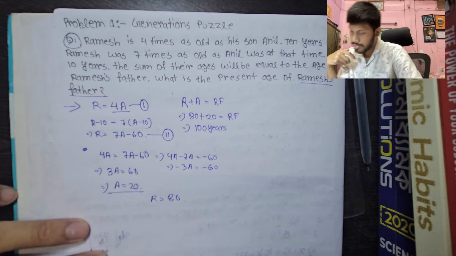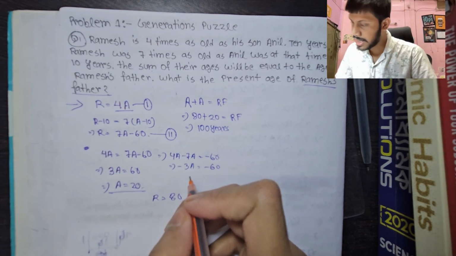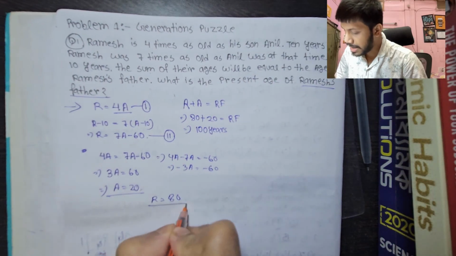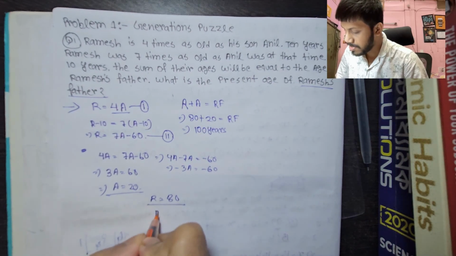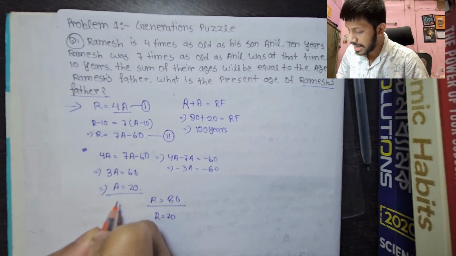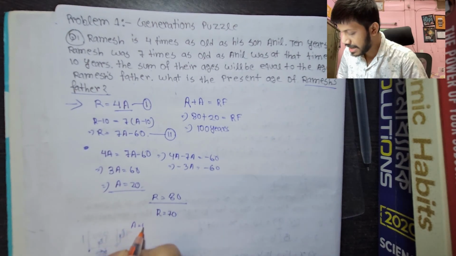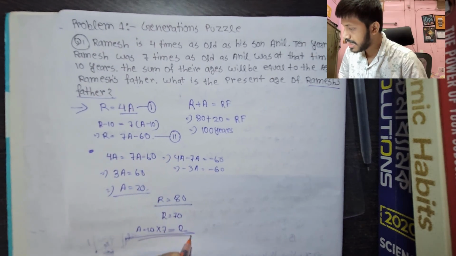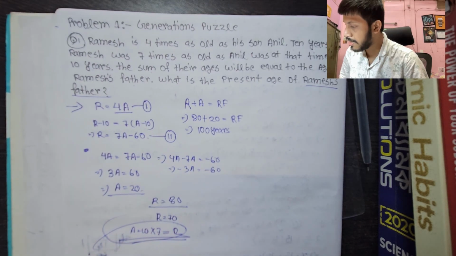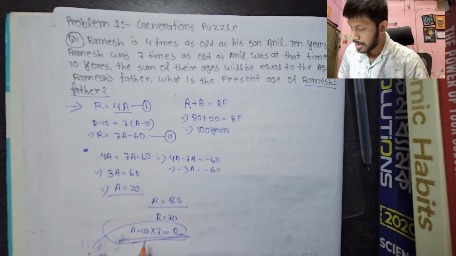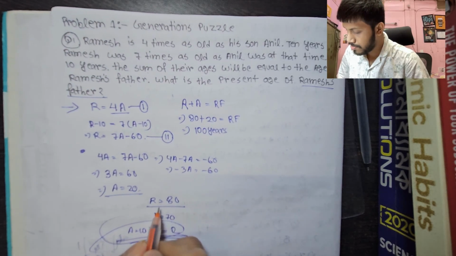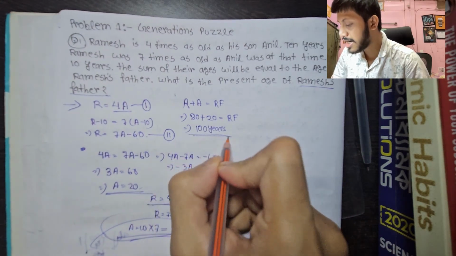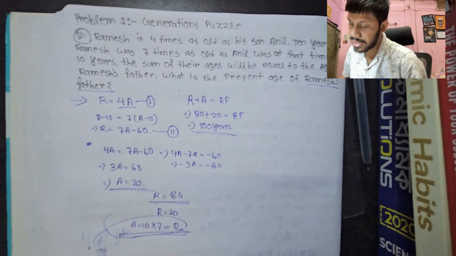Let R be 80, so 10 years ago R would be 70 and A would be 10, right? So it satisfies the condition. So presently Ramesh is 80 years old and Anil is 20 years old. So the answer is 100 years. Ramesh's father's age is 100 years.